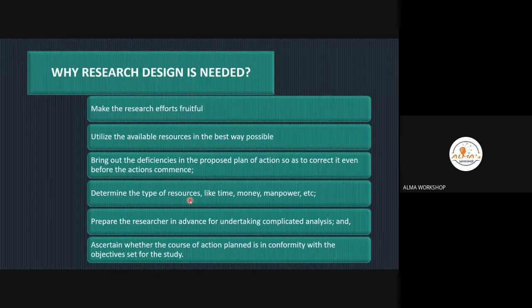Anybody who's doing a research will think about time, money, and manpower, etc. You have to design a research in such a way that you know whether you can do it correctly, whether it will be possible to do it, whether you have the resources to do it, whether you have the manpower to do it, etc. They will think about the researcher, whoever is designing for a proper research.